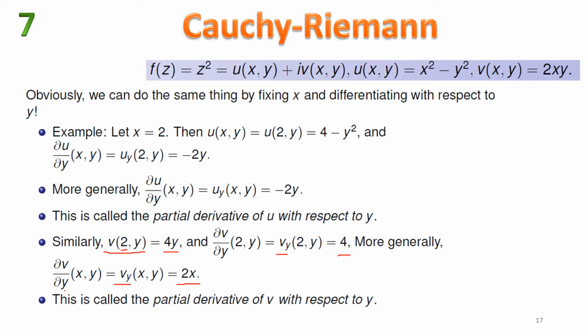So when I am differentiating with respect to y, I have to treat x as a constant, and that is the definition of the partial differentiation of v with respect to y. So with this, we have covered all four components and we put them together.